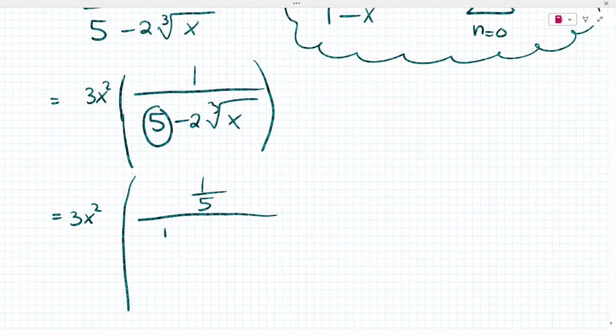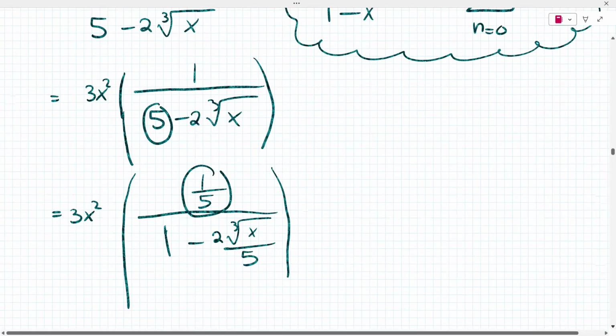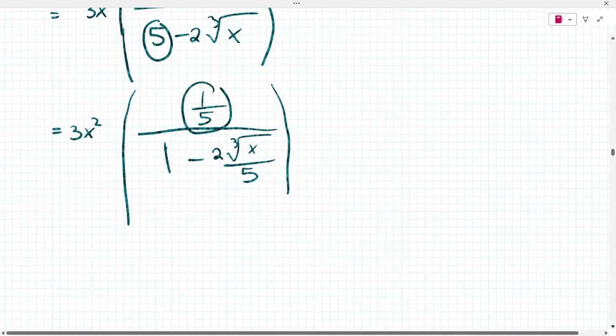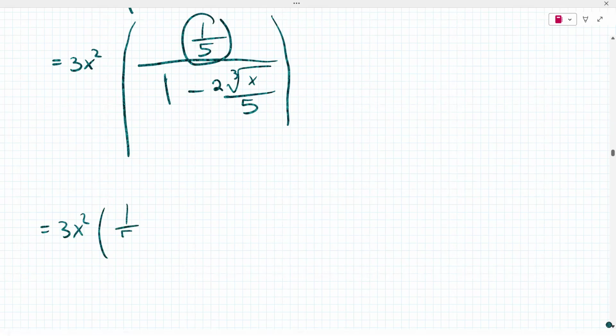Five divided by 5 is 1. Now this is now 1/5 here. I still want that 1/5 into a 1, so maybe we can factor out that 1/5, right? So I'm factoring out 3x squared and also 1/5 to make the numerator 1.